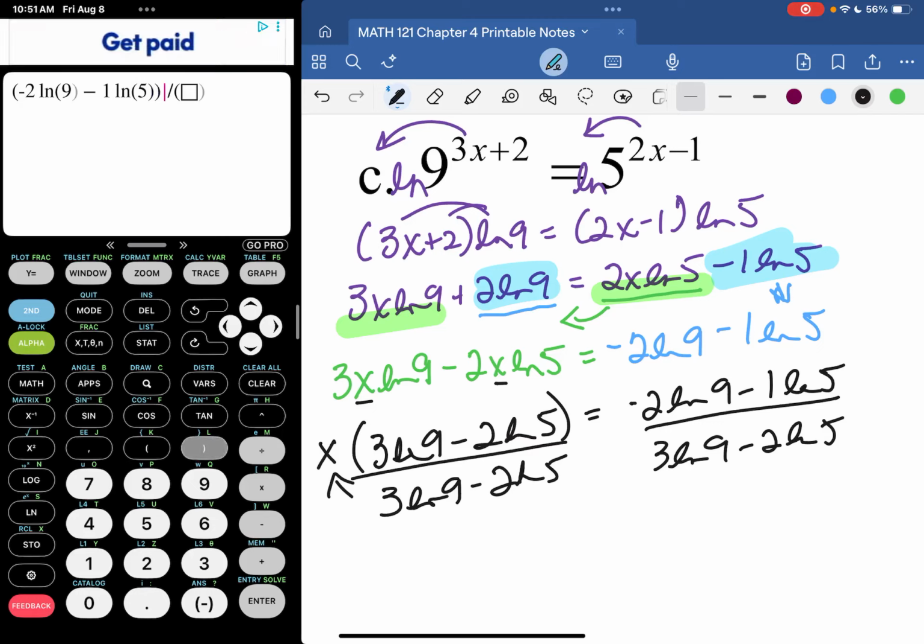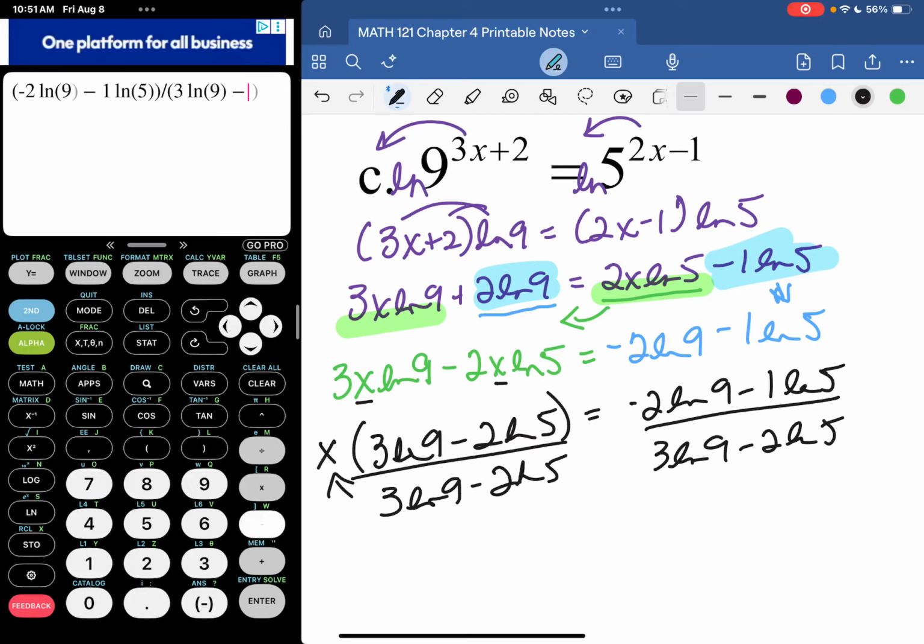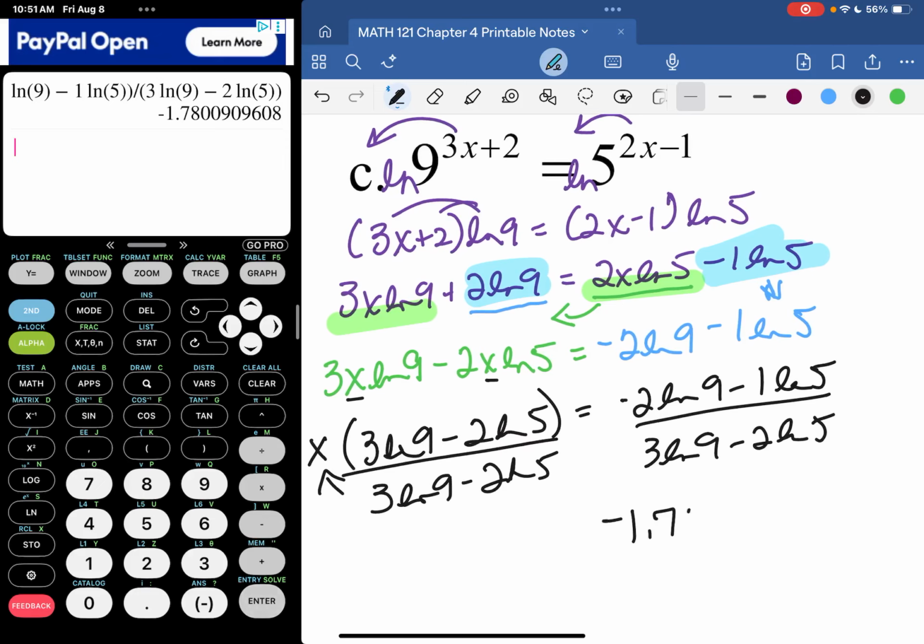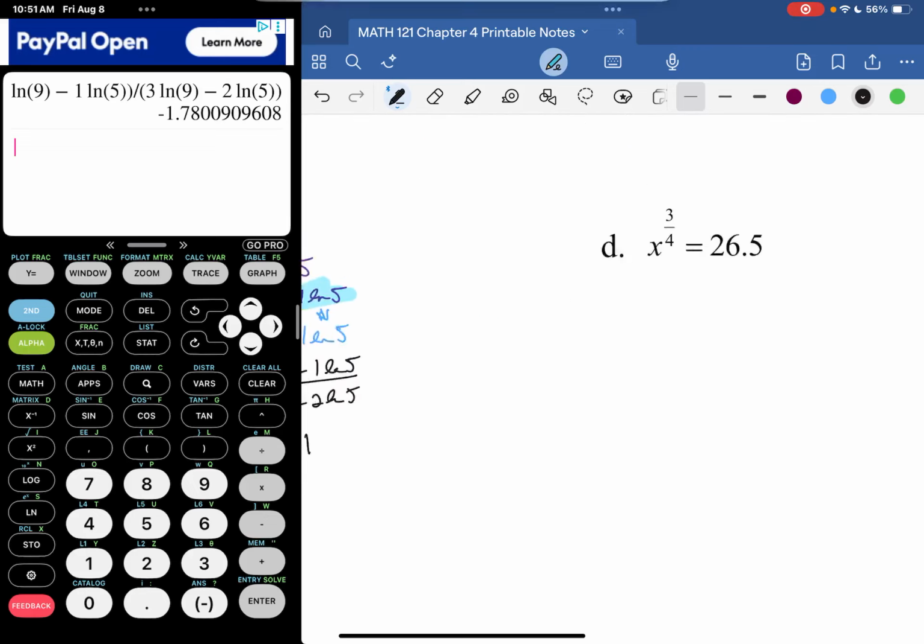Hold on. Close. Yeah. Sorry. I'm on this free version of this app. Let's see. 3 ln of 9, close parentheses, minus 2 ln of 5. Close. Should be good. Yep. Negative 1.7801.